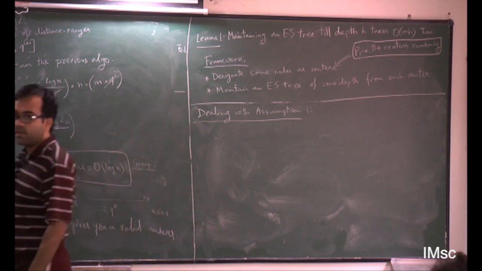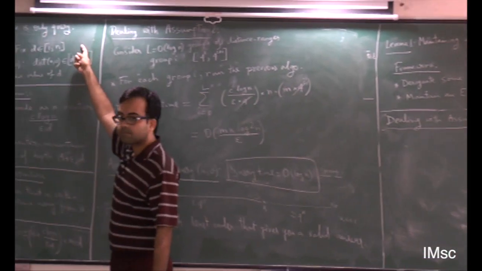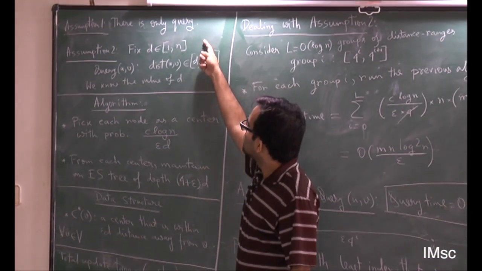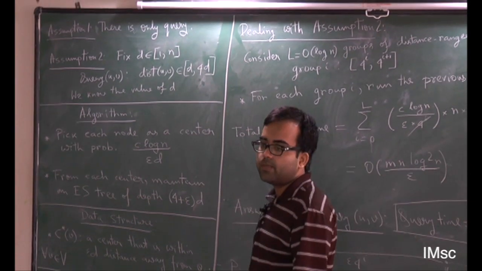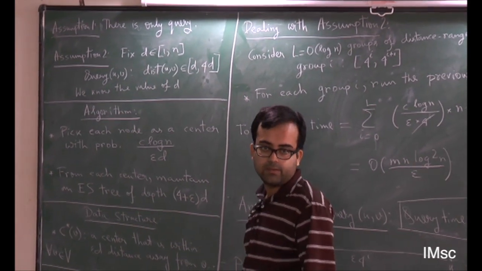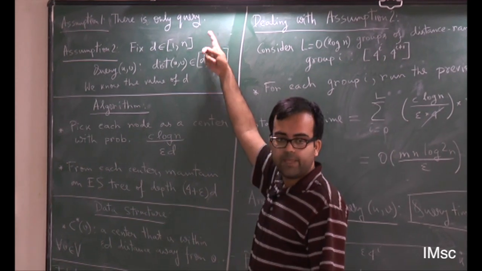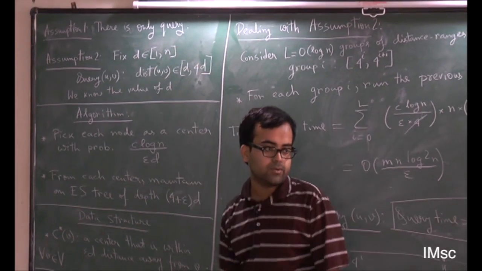So, just recall assumption 1 here. We just assumed till now that there is only one query that we are answering, but there can be polynomially many queries, right? How to deal with this?